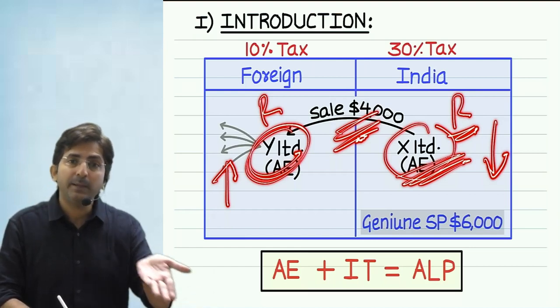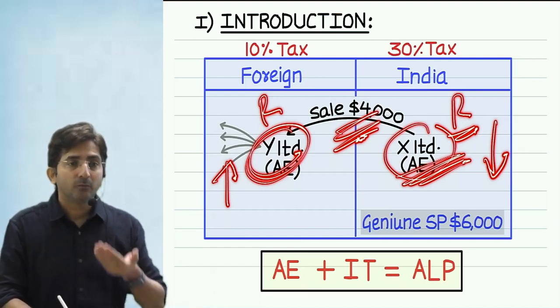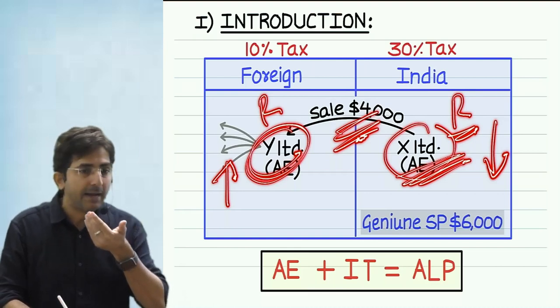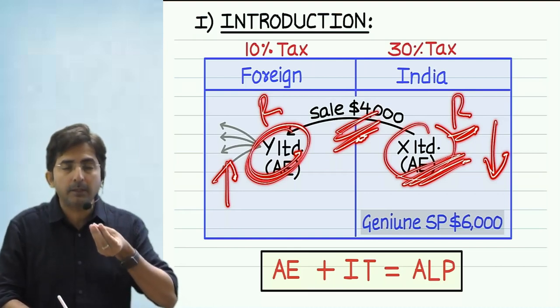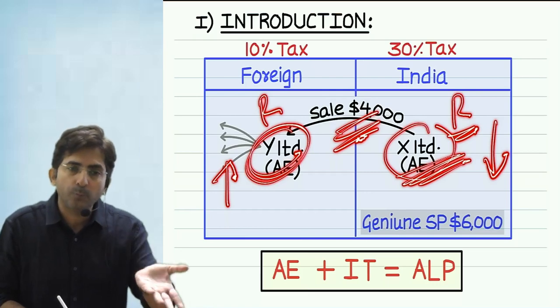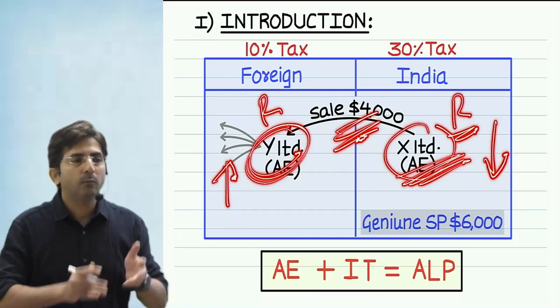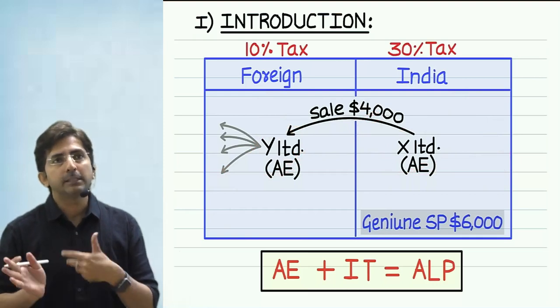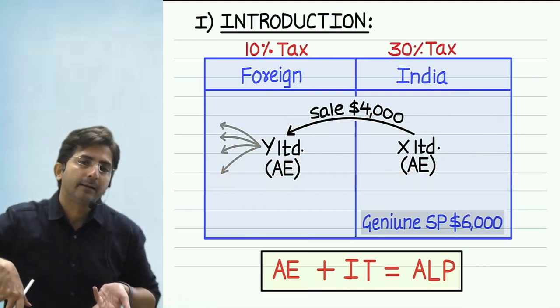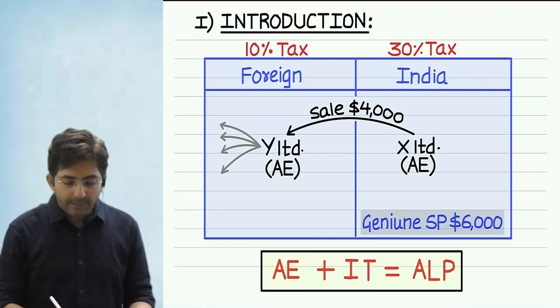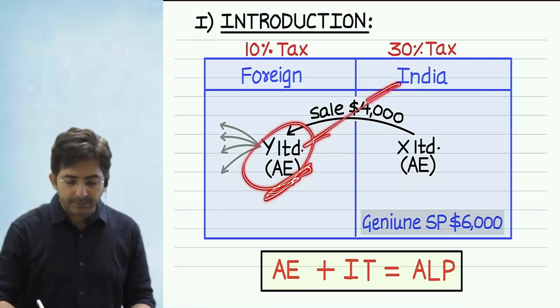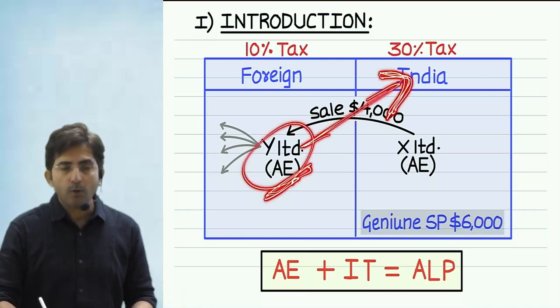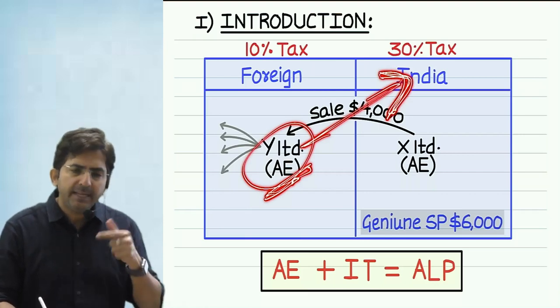But even Y is paying tax in India. Y being a resident, Y limited also pays tax in India. So when Y limited has to pay tax in India, profit is not shifting, it's remaining in India.